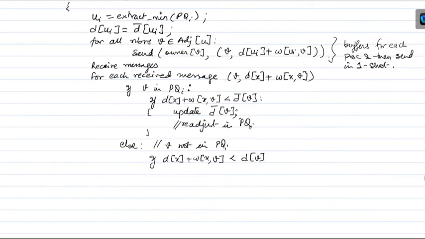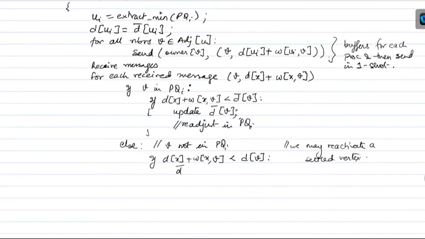If it is not in the priority queue, this is the part where we may reactivate a settled vertex. Okay. So if d of x plus wxv is less than d of v, then what do you do?